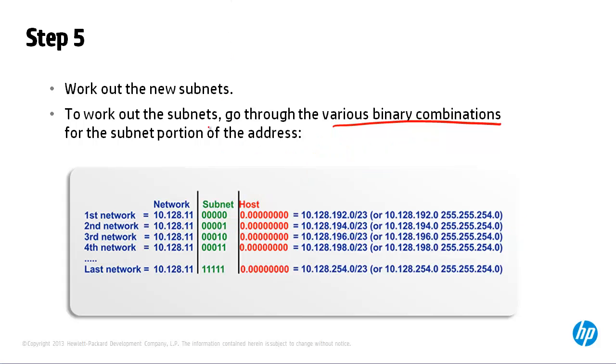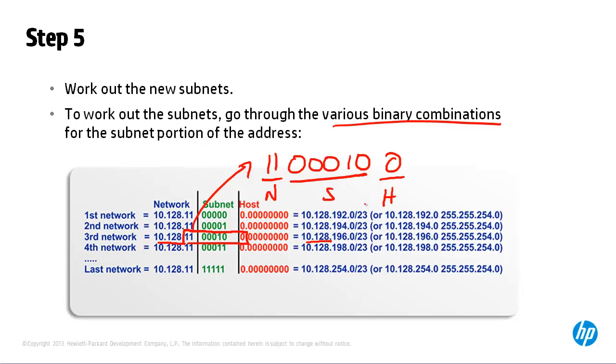The third network is 10.128. The third octet now has the binary bit changed, so that is 11, 3 binary zeros, 1 0, 0. So network, subnet portion, host portion.